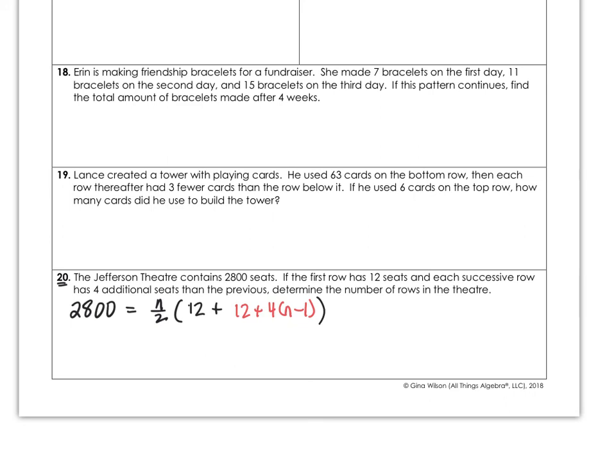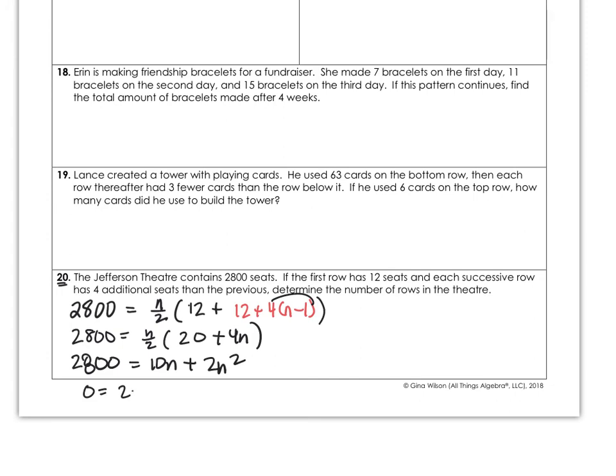So this would be 2,800 equal to n over 2 times 12 plus 12, and then of course minus 4. So 24 minus 4 is 20 plus 4n, and if I distribute that, that would be 10n plus 2n squared.